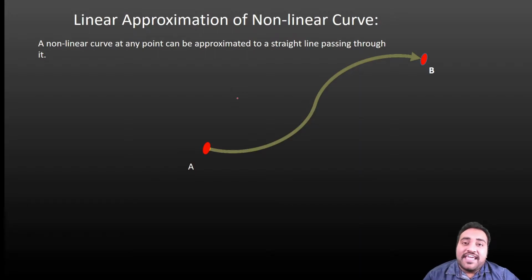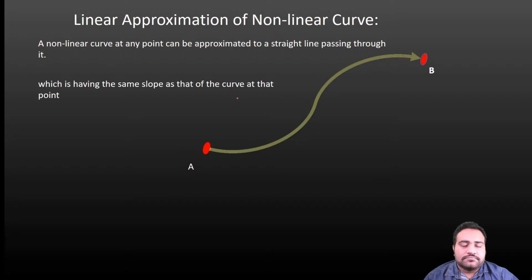But you know, there can be infinite straight lines passing through a point. So what straight line would it be approximated to? It would be approximated to that straight line which has the same slope as that of the curve at that point. For example, if I consider this point, I can determine the slope at this point. If I know the expression of this curve, I can determine the slope by dy by dx.